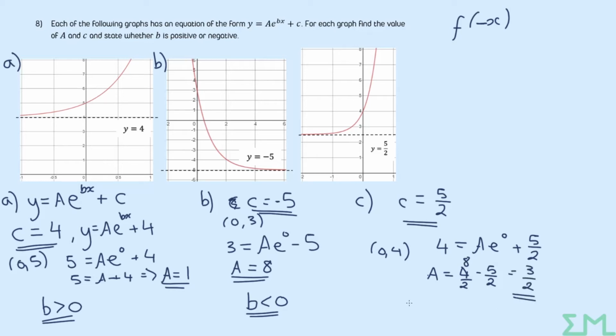There's our a value. Just having a look, as x increases, y increases, therefore b is positive. Okay, there we go. We've used the information about the intersection point and the asymptote to fill in some of the missing information from the equation of these graphs. That's part C there.